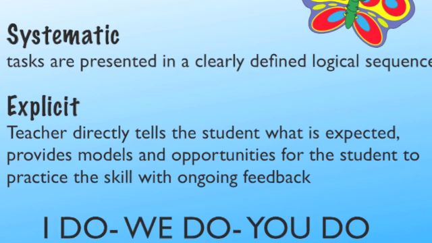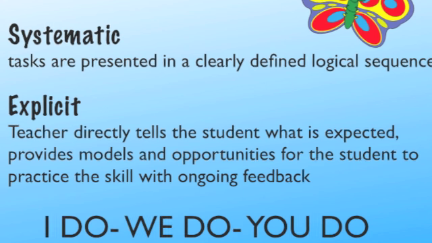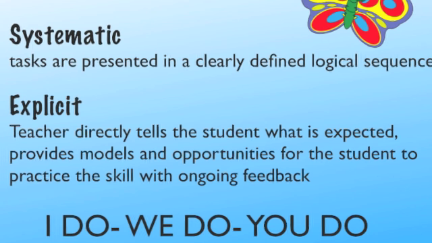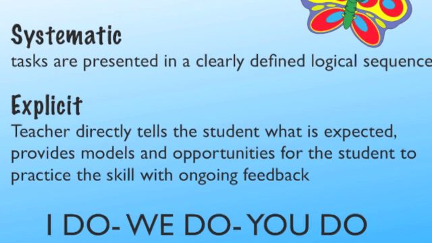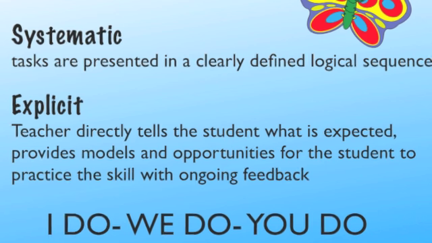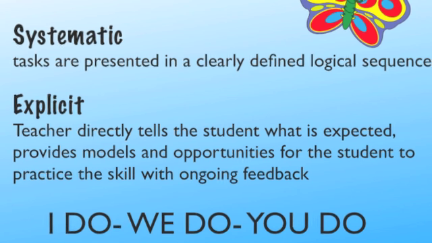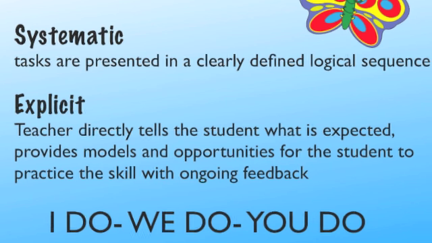Now, explicit teaching means that you're going to tell this child or your students exactly what you want them to do. You're going to provide a model, you're going to provide feedback, and you're going to give many opportunities for practice. Now, following the I do, we do, you do model is often very helpful.